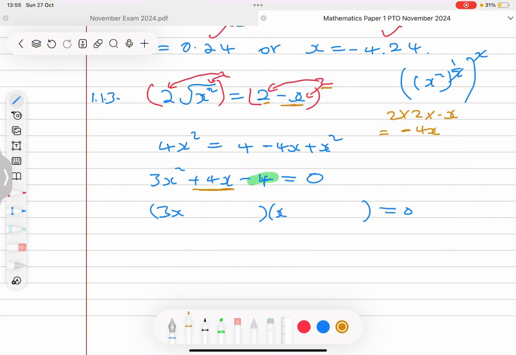So those factors are actually 2. Let me use a different pen. 2 times 2 is equals to 4. If I put a 2 here and a 2 here, they'll give me a 4 when I multiply these two. Now we have to look at this in order for us to determine the middle term.